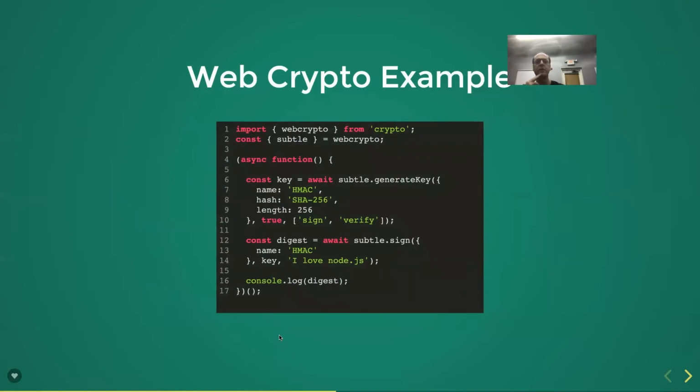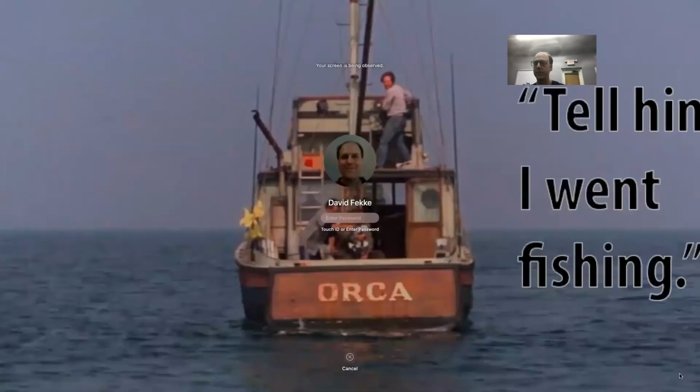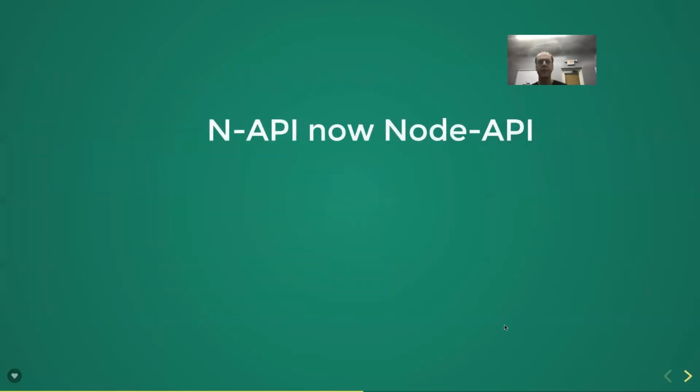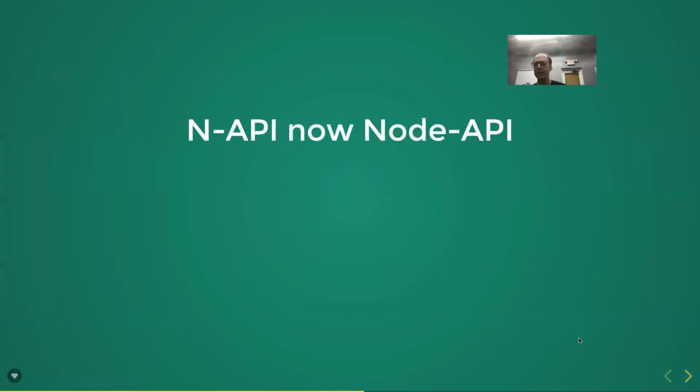This is a hashing function, and you can see that by using this web crypto API, in this case the subtle library, we can generate a hash. Oops, I keep on doing that. There we go. All right, so this is kind of neat.